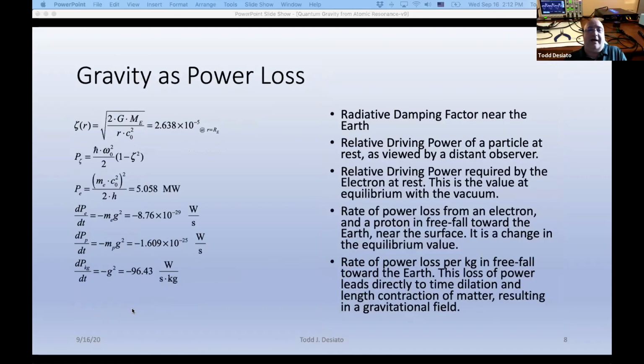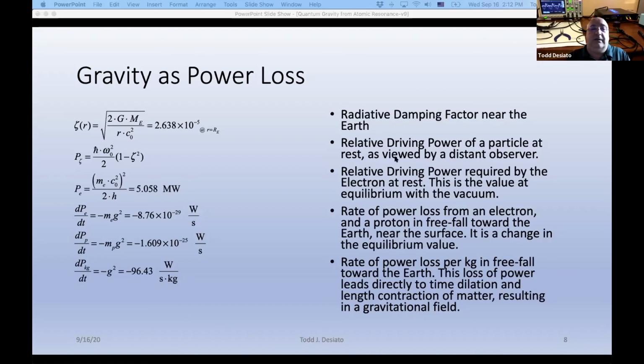So now, gravity as a power loss. Near the surface of the Earth, we have the gravitational potential from the Schwarzschild metric, and this makes up our damping factor. And again, here's the power. Omega naught is the natural frequency of a harmonic oscillator, could be in an atom or whatever, and that frequency will be damped by the damping factor.